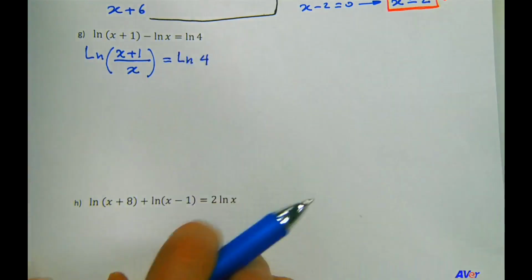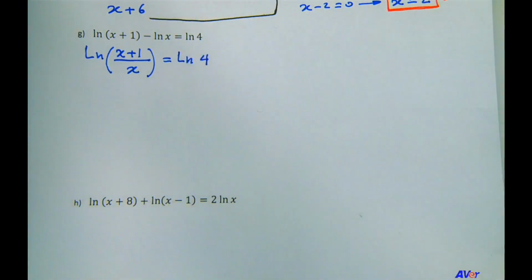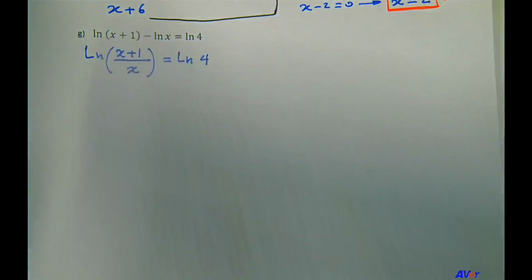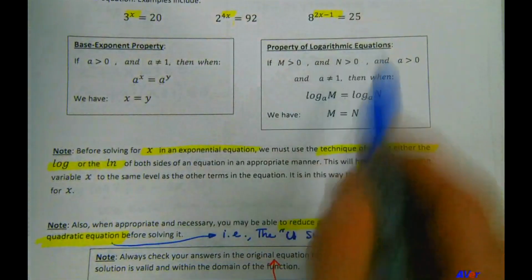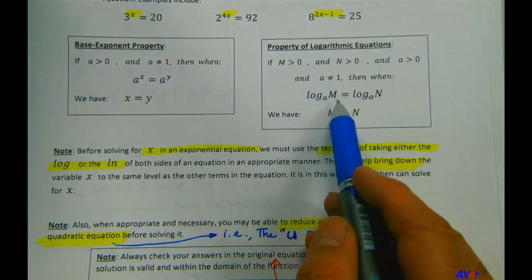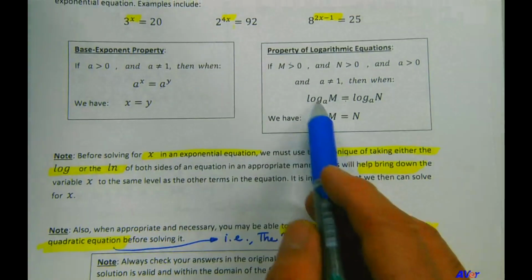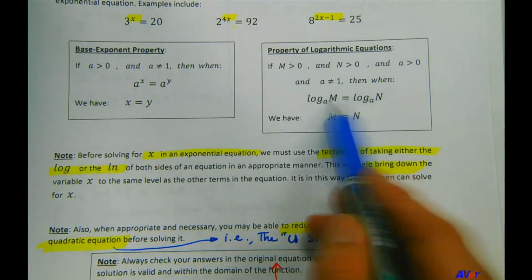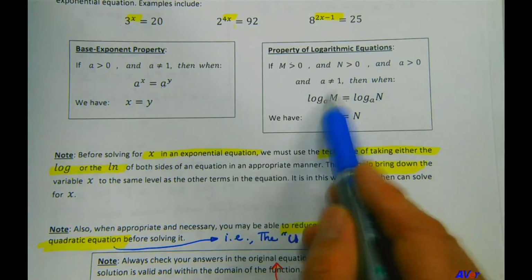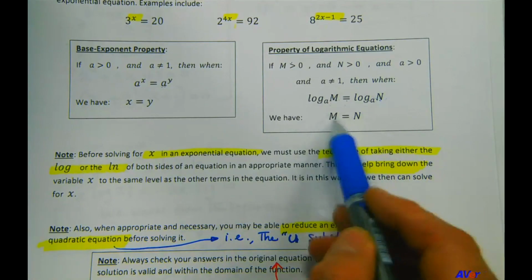So what do we do now? Well, let me remind you of this property of logarithmic equations on the first page that said if you have two log expressions in an equation that are said to be equal to each other, then m and n must be equal to each other.